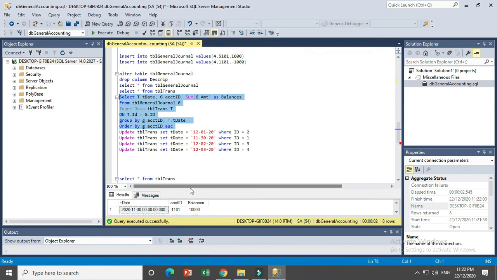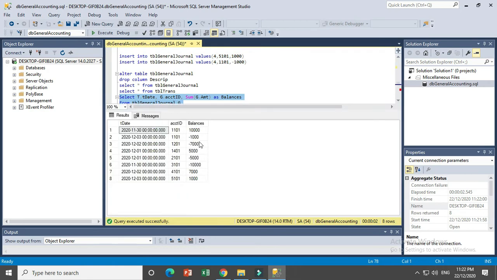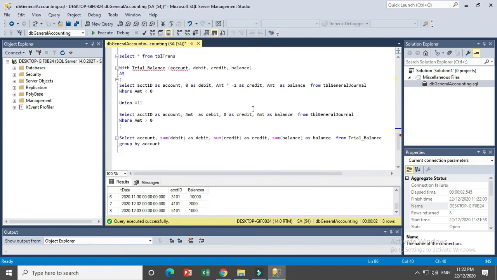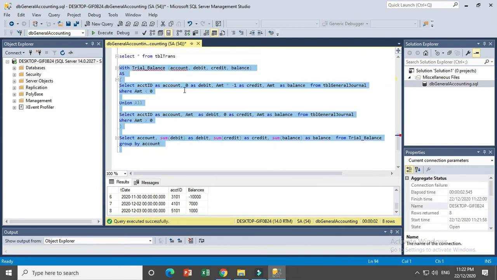It looks like a general ledger. We have a debit balance, the positive one, and the negative one is the credit balance. Then we also have what we call the CTE.